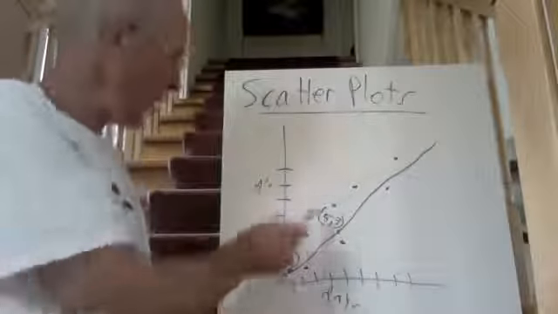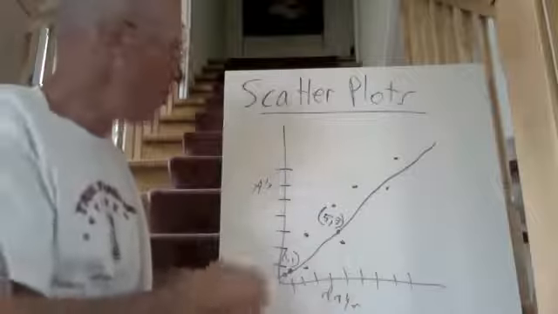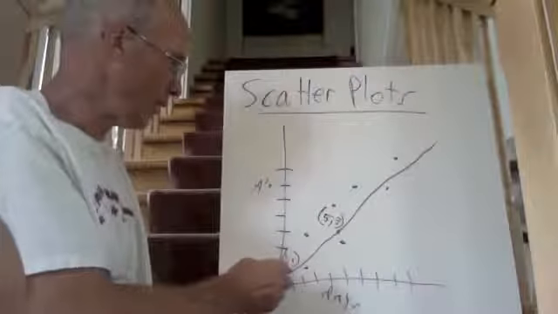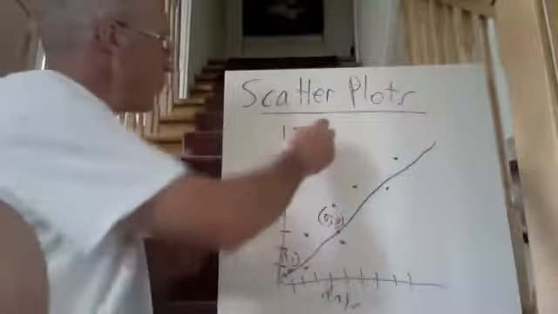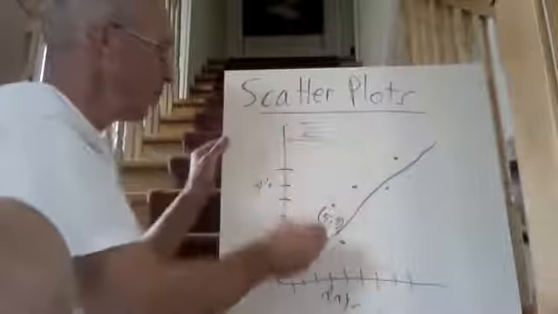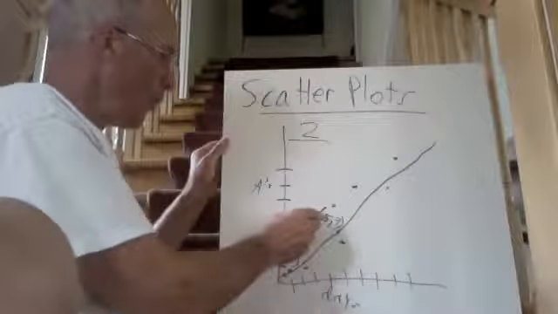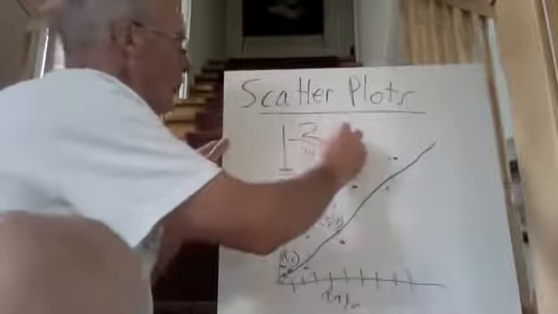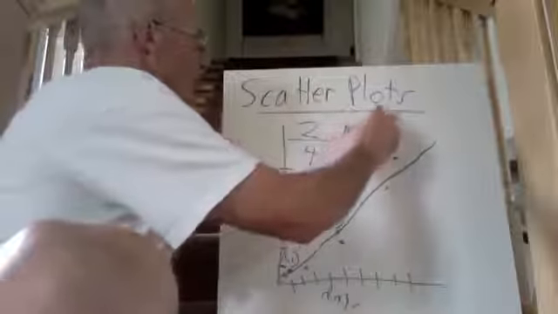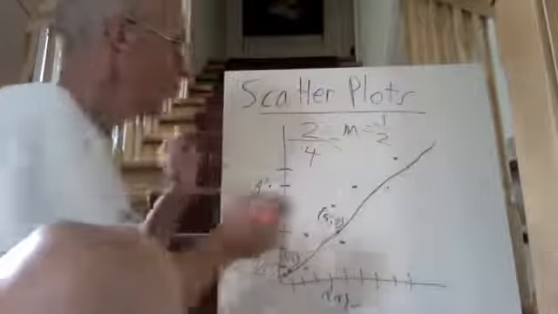So I have these two points, (5, 3) and (1, 1). And you know how to make an equation from that. You just do 3 minus 1 is 2, the y minus y1, and the x: 5 minus 1 is 4. So we have a slope of 1/2.